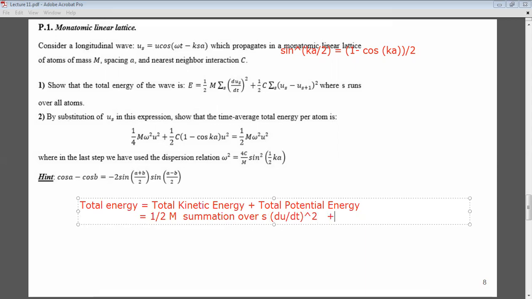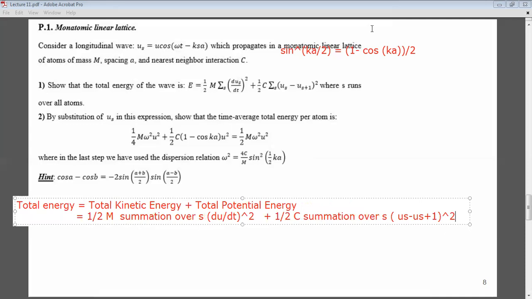And then for the potential energy, it is half, this is spring constant C, and then we will do summation over S of delta X. Delta X here, you think of it as delta US. So I have US minus US plus 1 squared.